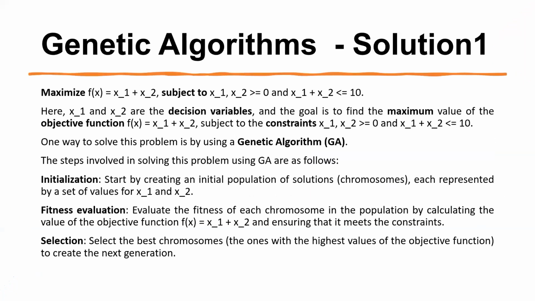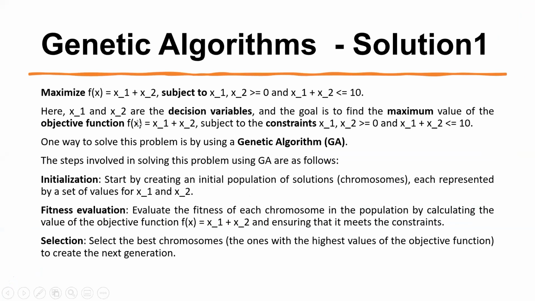So let us understand a little more on genetic algorithm, how it is explained, how it can be started off when you have a problem in hand. So there is a problem: maximize f of x, a function subjected to certain constraints.